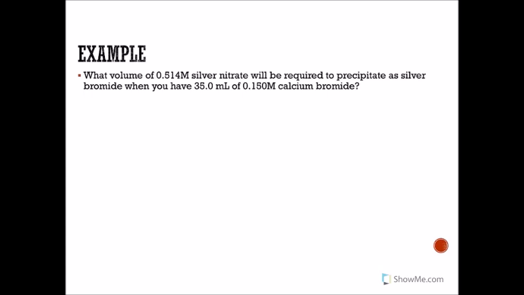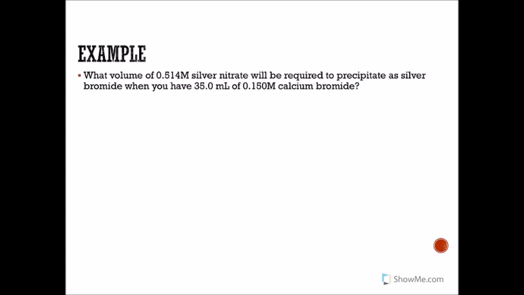Our next example, what volume of 0.514 molar silver nitrate will be required to precipitate as silver bromide when you have 35 milliliters of 0.150 molar calcium bromide? Again, we start by writing a balanced chemical equation. What volume of silver nitrate will be required to precipitate as silver bromide when you have calcium bromide.